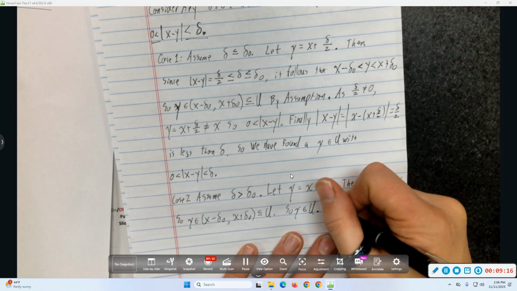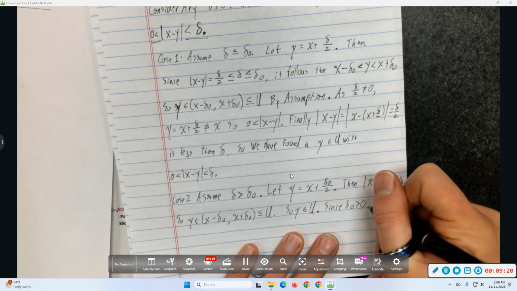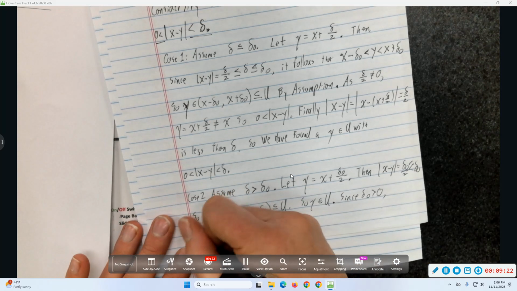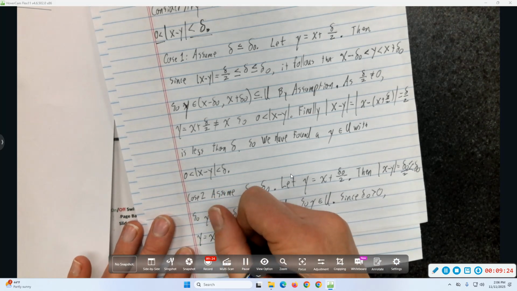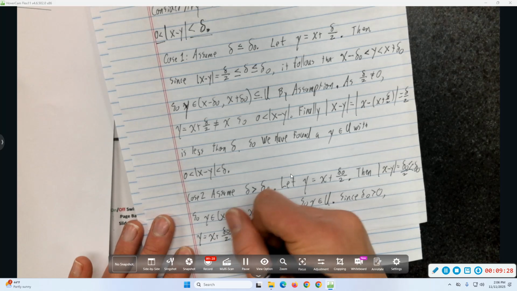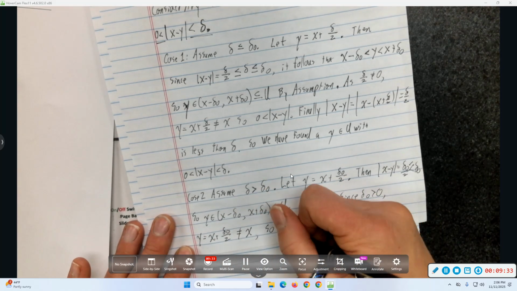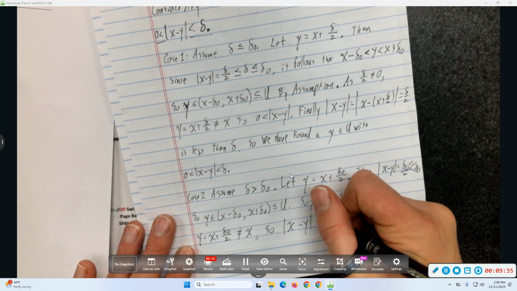So same thing. Since delta 0 is bigger than 0, y equals x plus delta 0 over 2 is not equal to x. So absolute value of x minus y is bigger than 0.